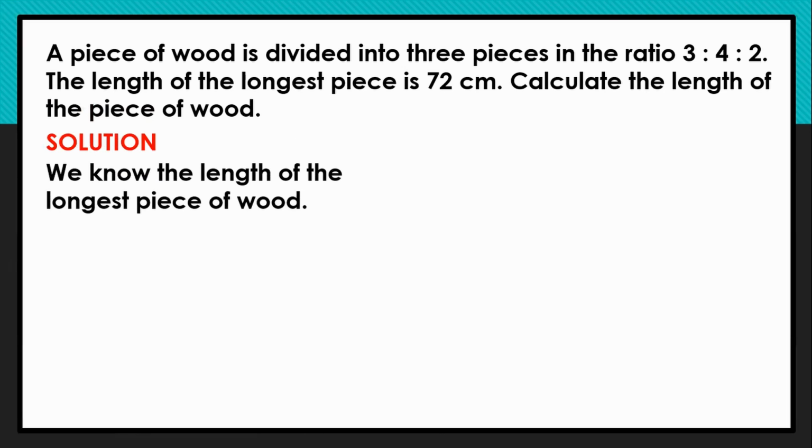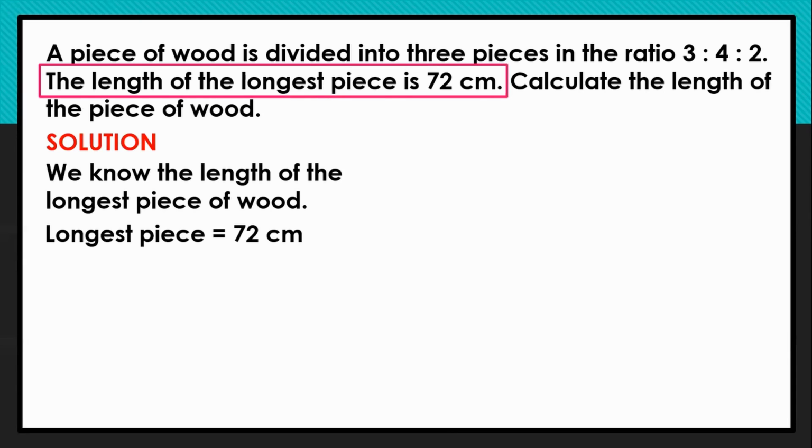We were given the length of the longest piece of wood. And the length of the longest piece of wood is 72 centimeters. If we were given the longest piece of wood, please note we need the longest ratio. And the longest ratio in this example is 4.